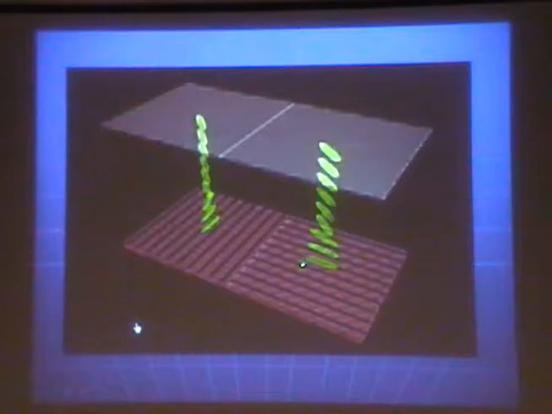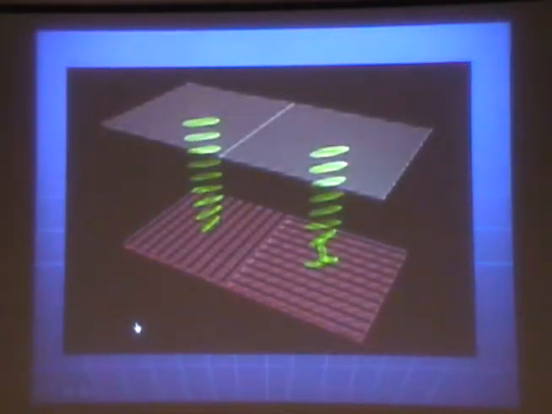So we are seeing that this orientation gives a positive 45-degree twist. This one is giving a minus 45-degree twist, because the average orientation is just in between these two. So what happens next is we apply an electric field perpendicular to that average orientation.